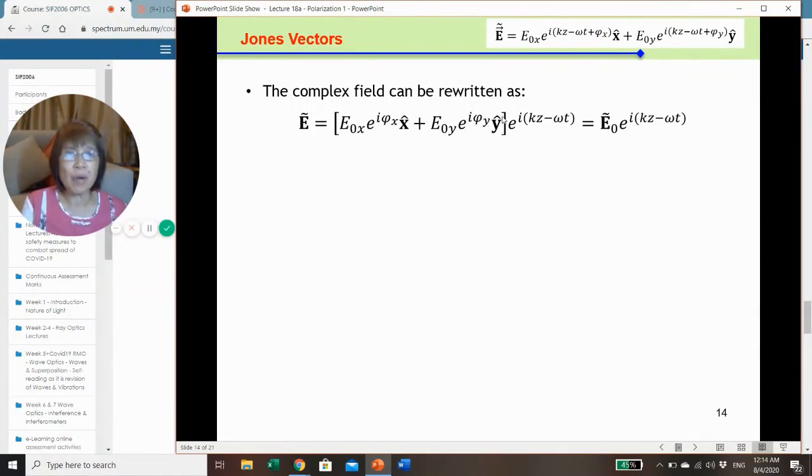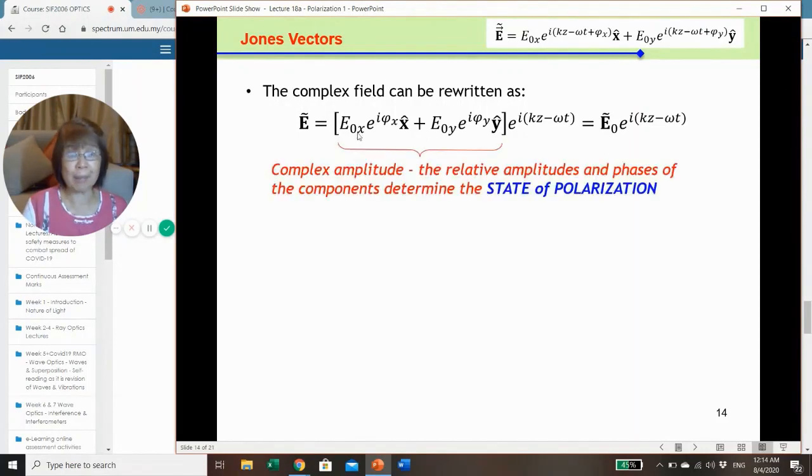So then we represent this term here, which is called the complex amplitude, by E with a curly hat 0, and we still have the time function here. So this will describe amplitude and phase, yeah? So just this term here would describe the state of polarization.